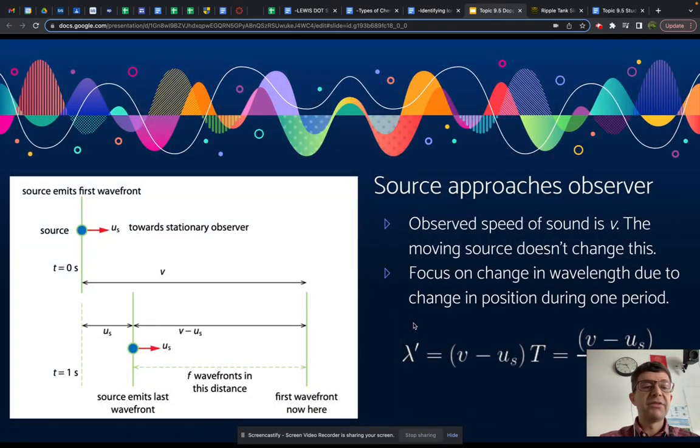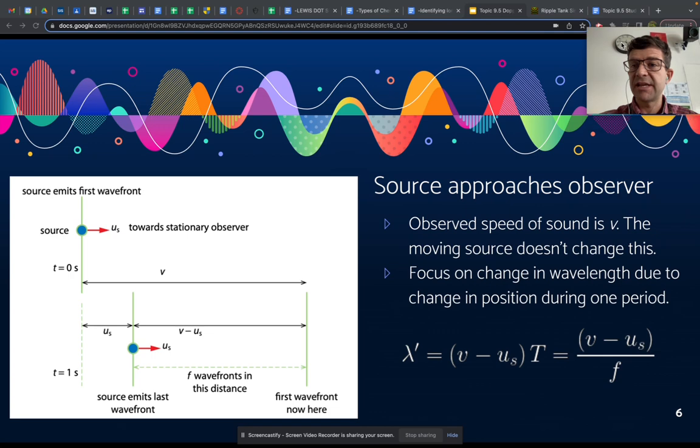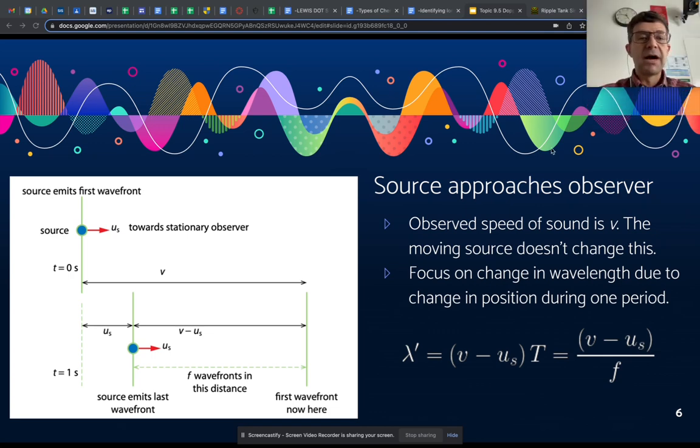In order to think about the moving source, I think the easiest one to derive is when the source is approaching the observer. Like I said, I'm not going to go through this all the way with you, but I do want to give you a little bit of structure to help you do the algebra. Oops, I have to move my face a little bit so you can see the slide. We consider here our source that's moving, and in this case, the picture shows it at a speed us.